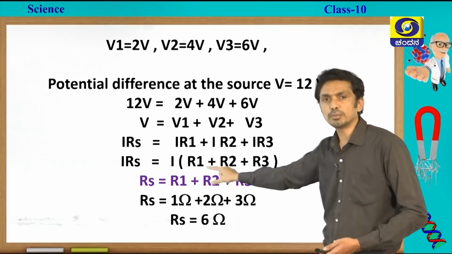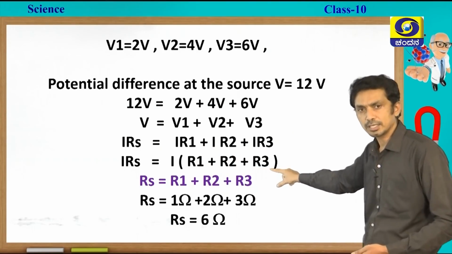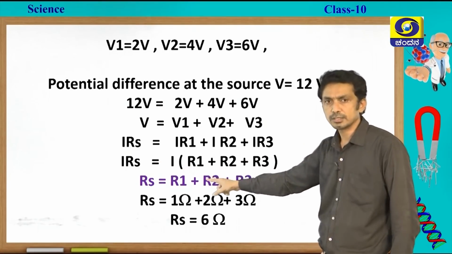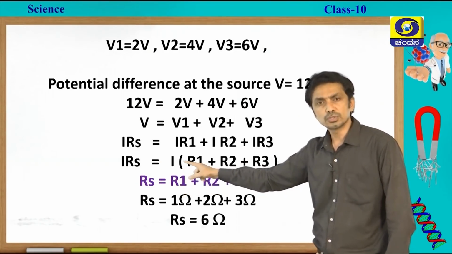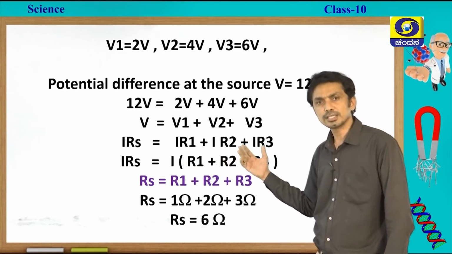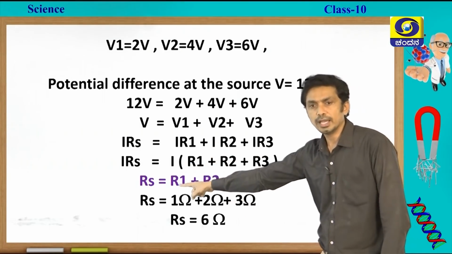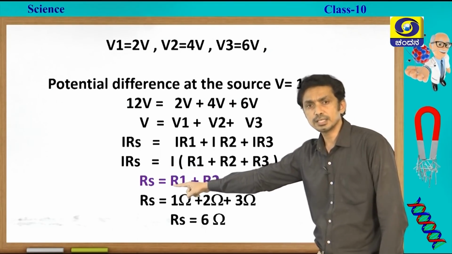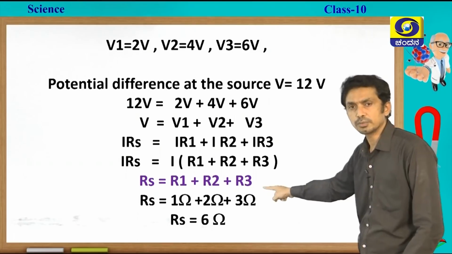So by taking I common we have got I into R1 plus R2 plus R3. Now we cancel I and I on both sides, they are same, because you saw that the electrical current was same everywhere, and equivalent resistance when the resistances are connected in series, Rs is equal to R1 plus R2 plus R3.